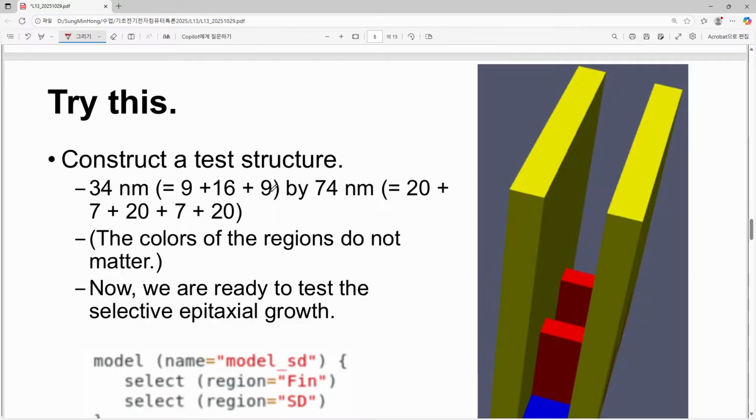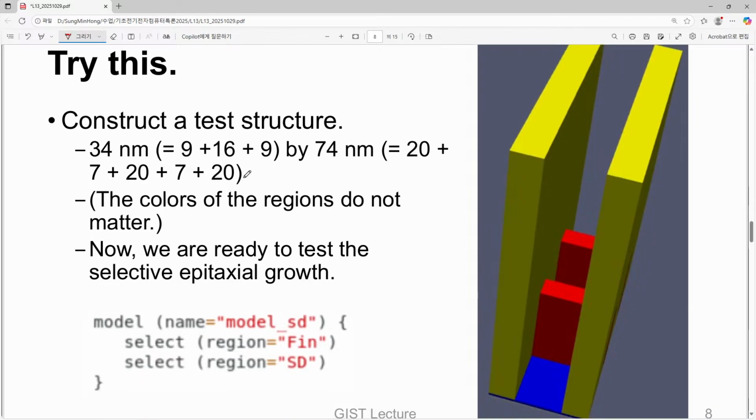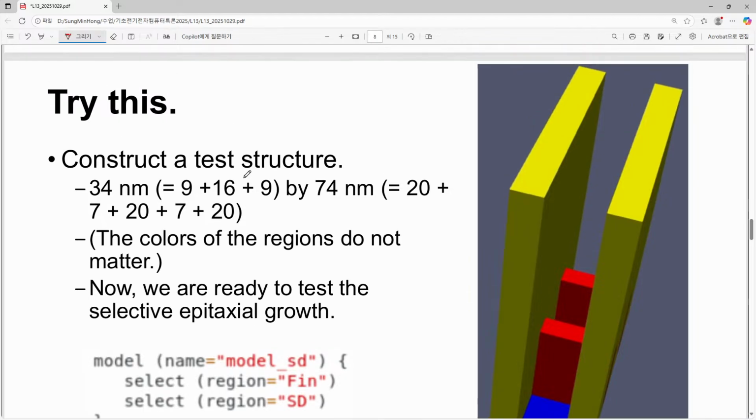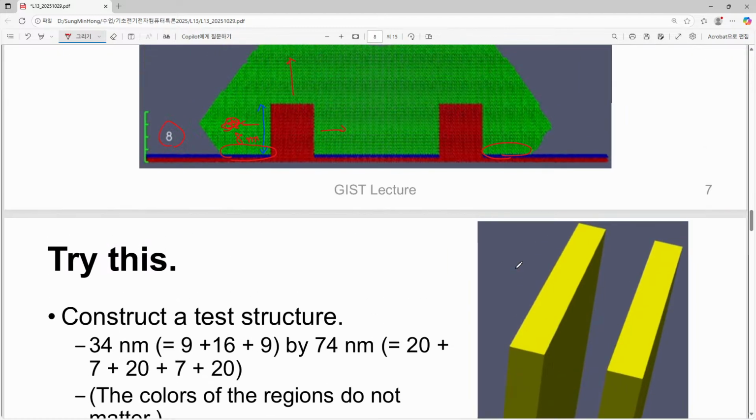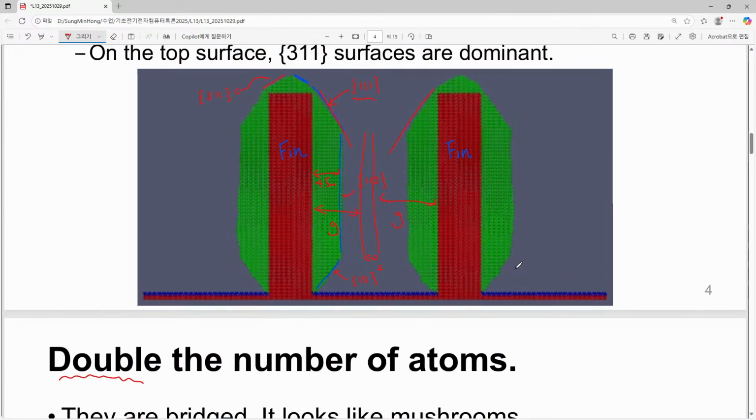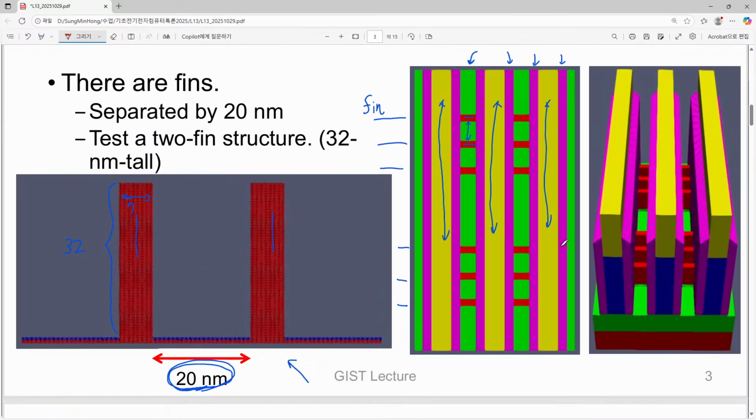Well, anyway, now let's come back to our original structure, using the 1 nanometer by 1 nanometer by 1 nanometer cube as a basic building block. In today's homework, you must construct a test structure which is quite similar to our original structure. Please have a look at this one. This is actually corresponding to a part of our structure.